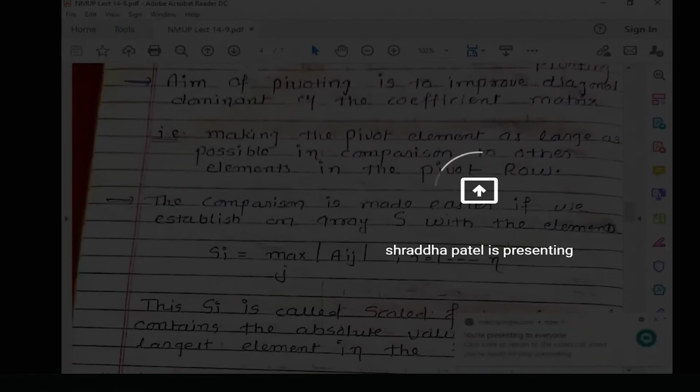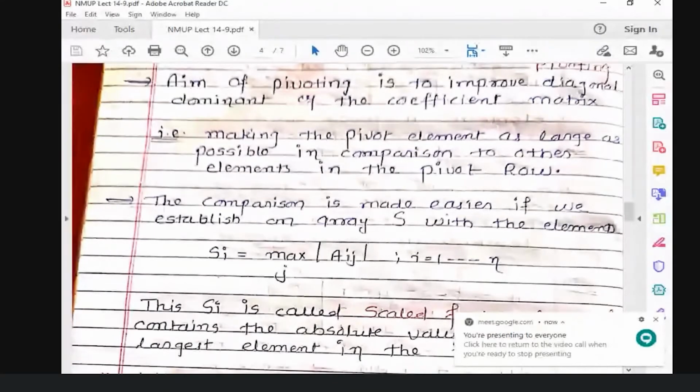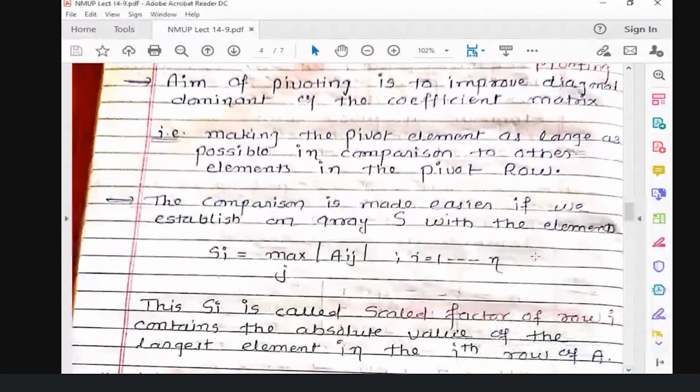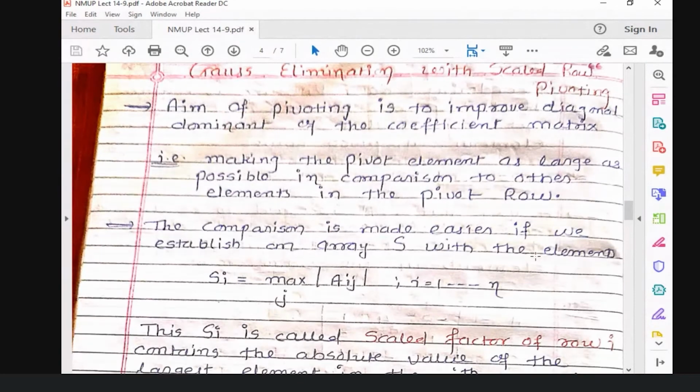Now just tell me my screen is visible. Okay, fine.